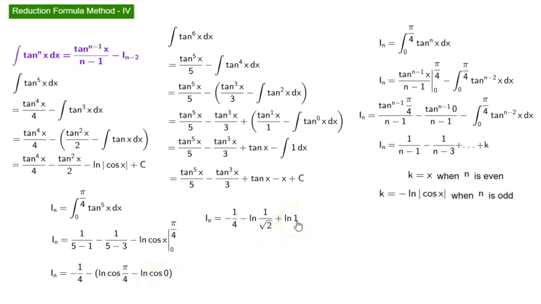So natural log of 1. Now natural log of 1 is 0. So that disappears. And we are left with I sub n is equal to minus natural log of 1 by root 2 minus 1 by 4. Which is equal to, we can take the reciprocal and get rid of this minus. So we have finally natural log of root 2 minus 1 by 4.